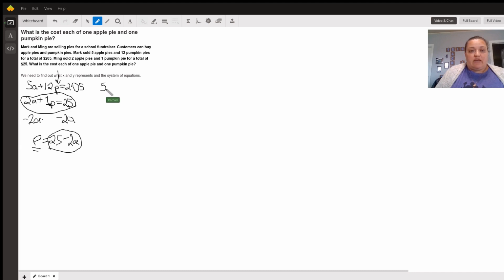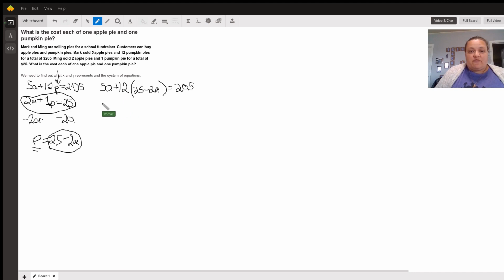We're going to write it the same, 5A plus 12P, and remember, P is 25 minus 2A. And the whole reason that we are doing this is because now we are left with an equation that only has one single variable. And that is much easier to solve.